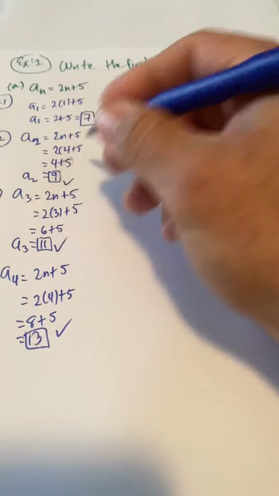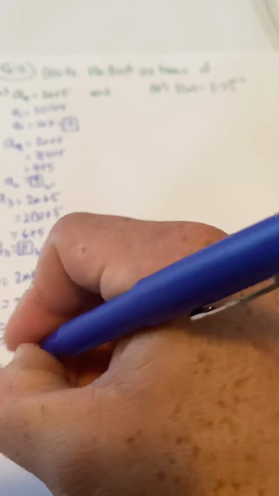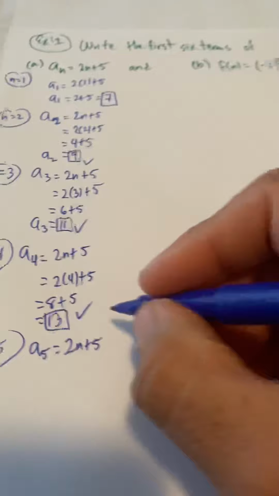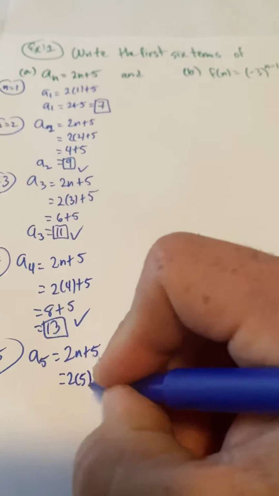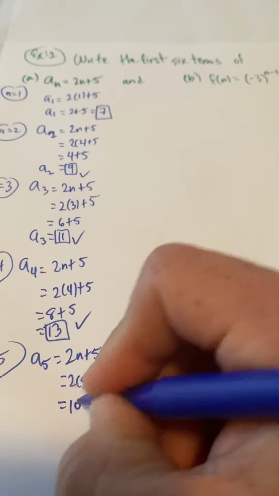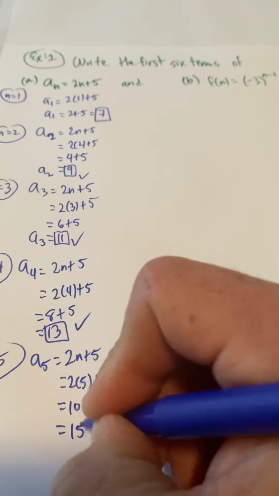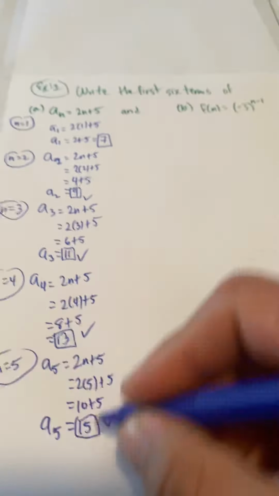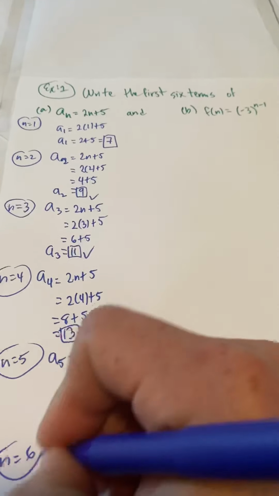Boom. And we're going to do it 2 more times. a sub 5 is equal to 2n plus 5, so 2 times 5 plus 5, which is 10 plus 5, which is 15.